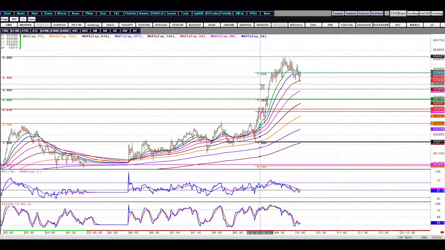Now the second entry, I put it as 33. Okay, 33 or 32, 31. Any one of these three levels, I let you decide what you want to do.